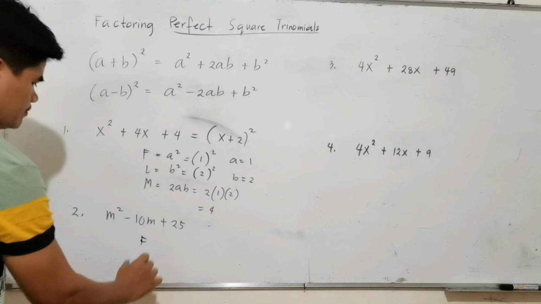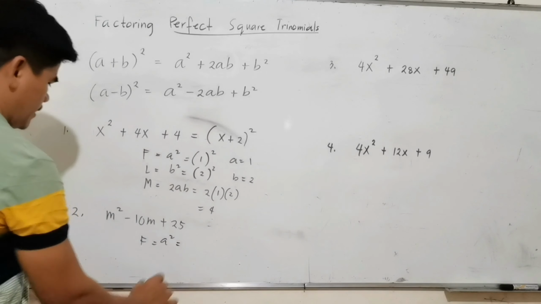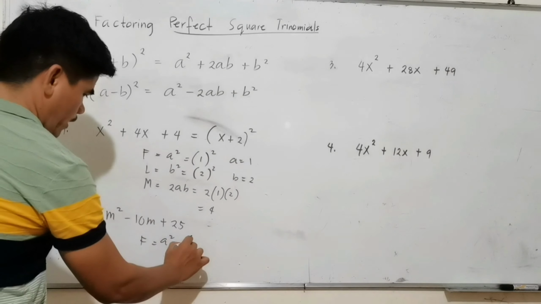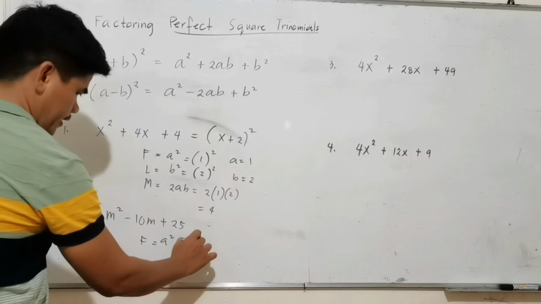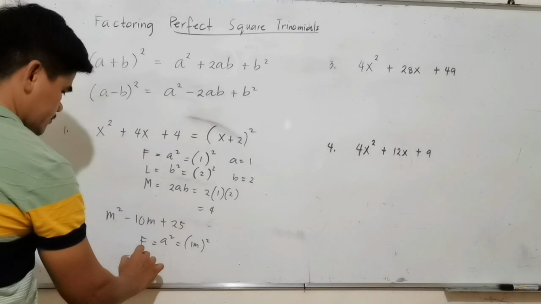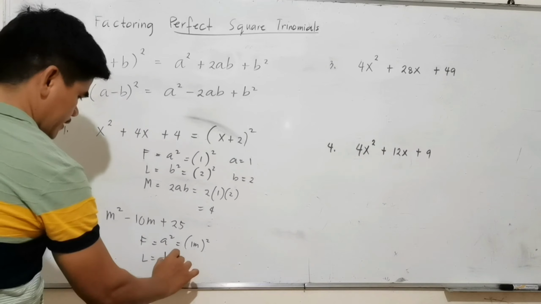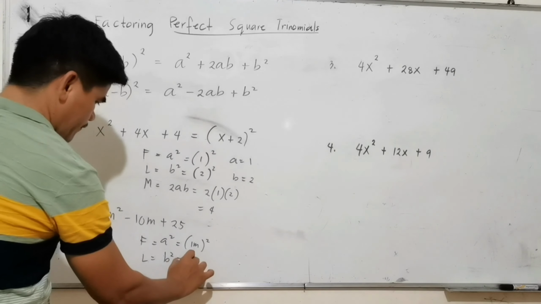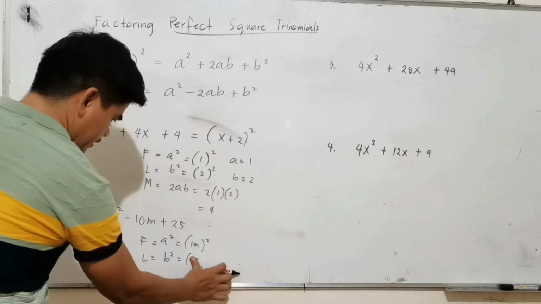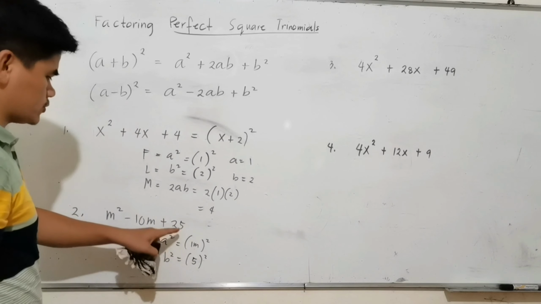The first term is a squared, so that will be m, right? The last term is b squared, that will be 25, which is 5 squared because 5 times 5 is 25.